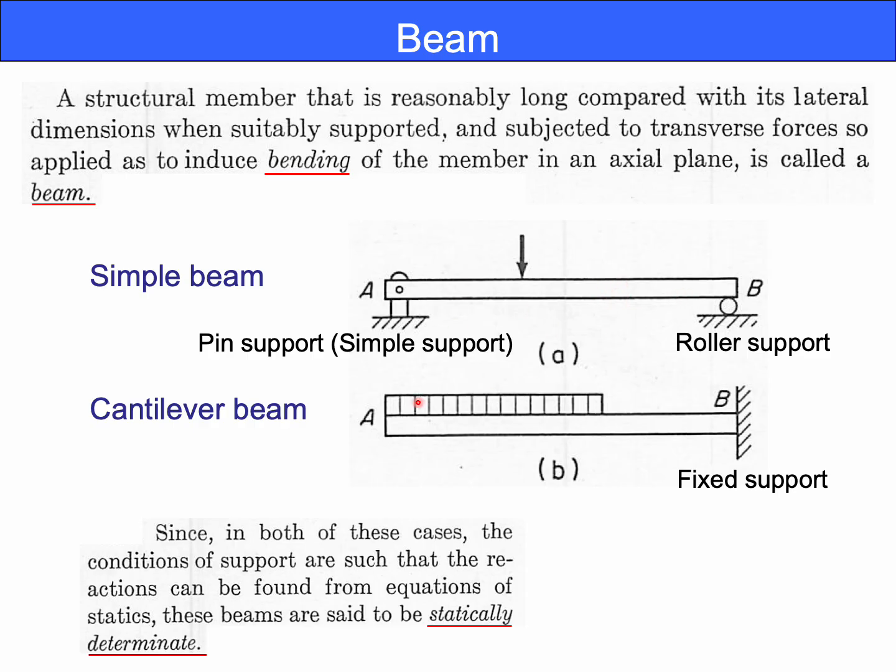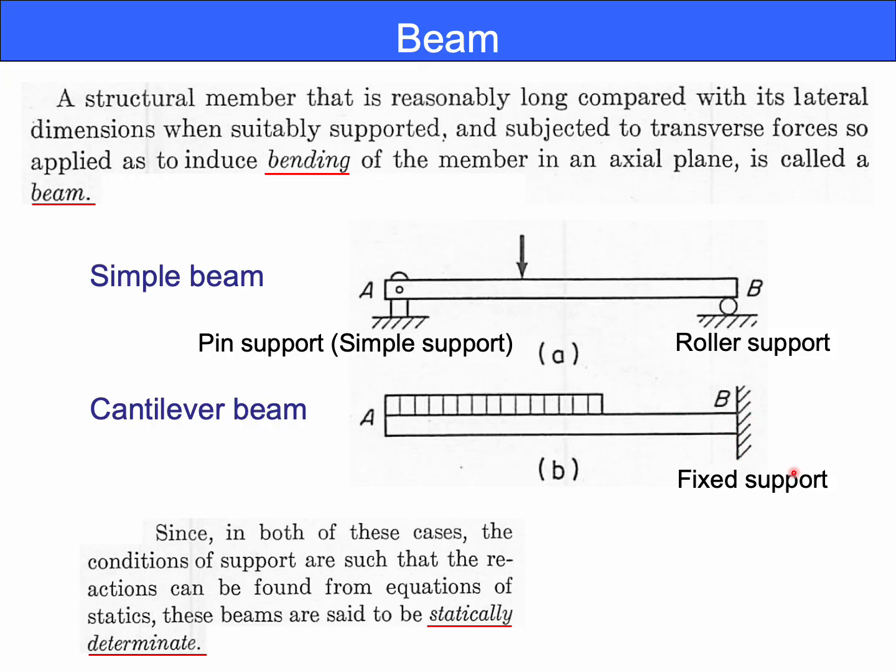Finally, the fixed support is the most rigid among the three. It prevents translation in both x and y directions, and crucially, it restricts rotation.